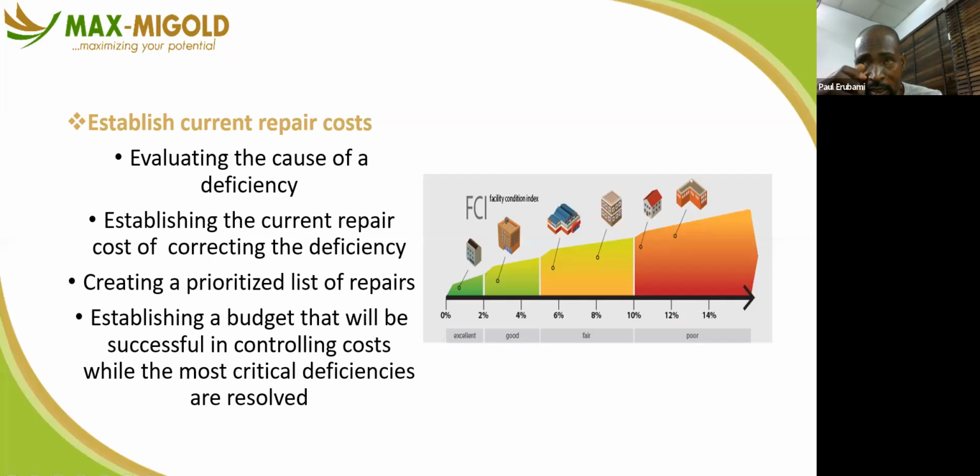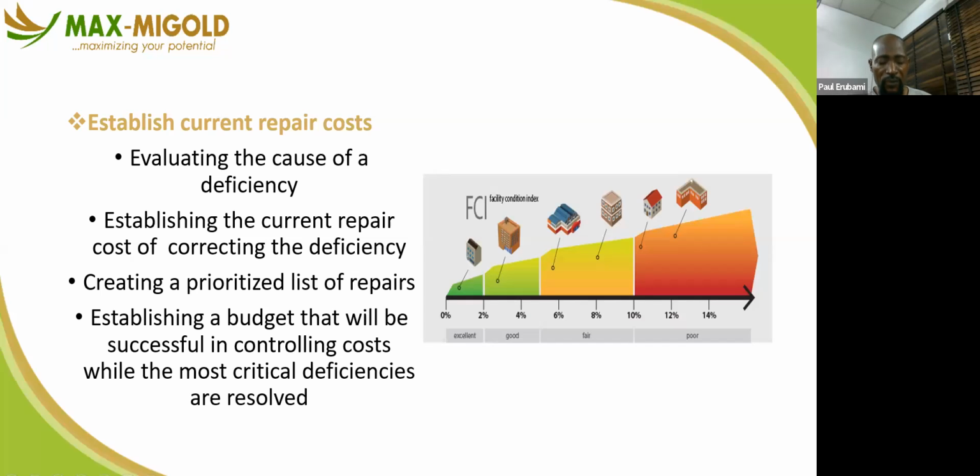Your facility condition index is the ratio of the total repair cost divided by the total current replacement value, multiplied by 100. I'll say it again. Your facility condition index is the ratio of the total repair cost after the condition assessment has been carried out, divided by the current replacement value of that facility or asset, multiplied by 100.